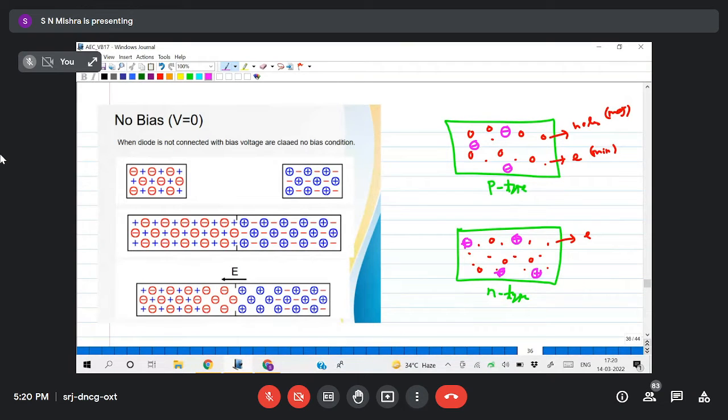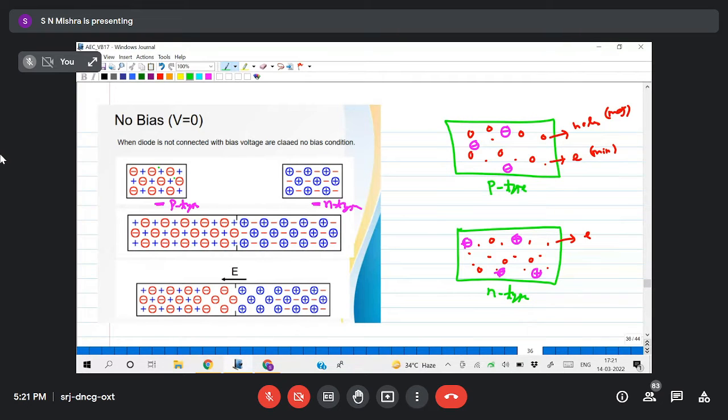So now, if you understand this concept, then we come to the diode. If you see this left side diagram, what is present here? You see, this one is P type or N type, you tell me. First one is P type, second one is N type. And here electrons are not shown as minority carriers.